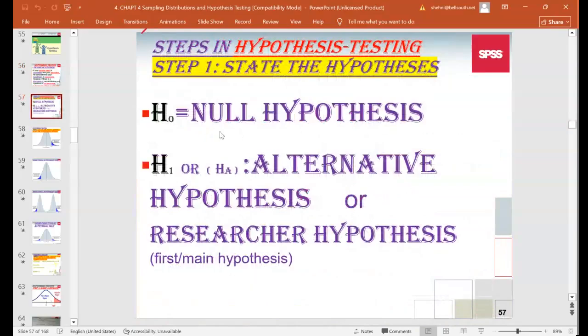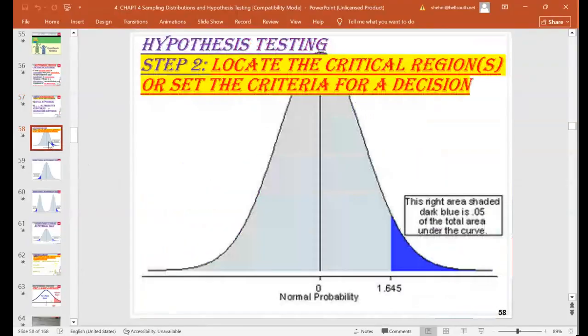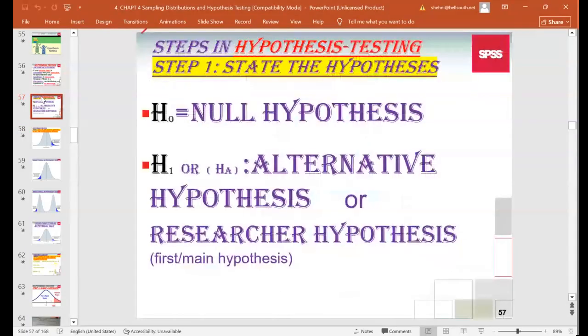So here they are, null hypothesis, H1, and then the alternative hypothesis is the researcher's. In terms of hypothesis testing, step one is always the same, as you can see. Null always says there's no difference, and state the hypothesis.